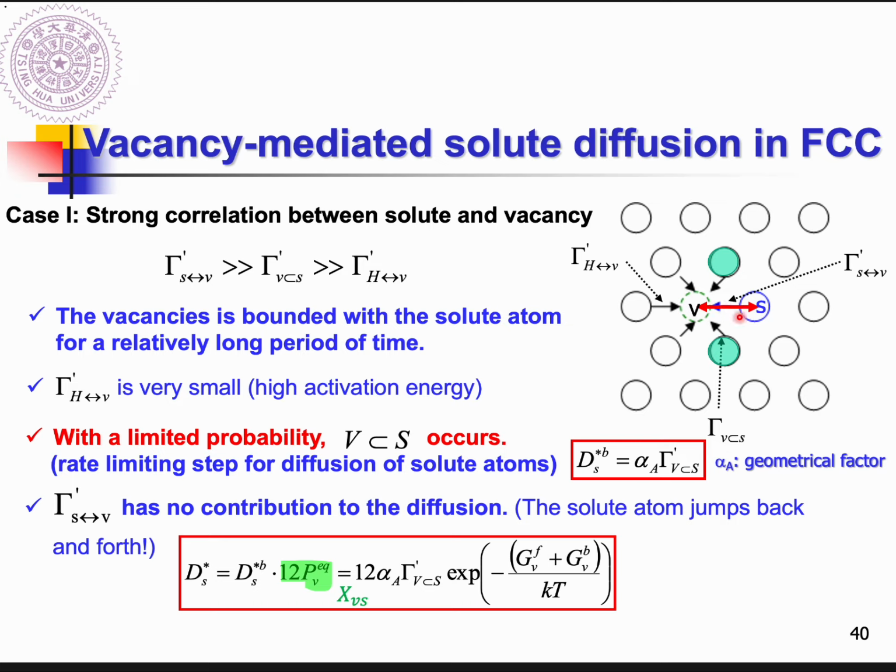In other words, you can consider that if you put the vacancy at the center, the solute can show up at 12 nearest locations.